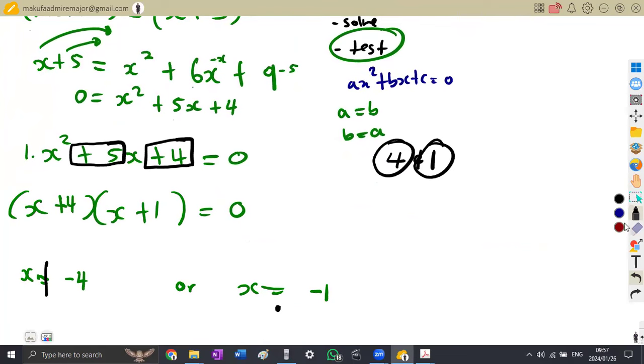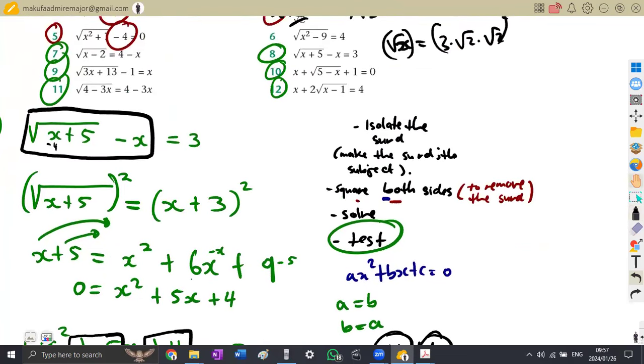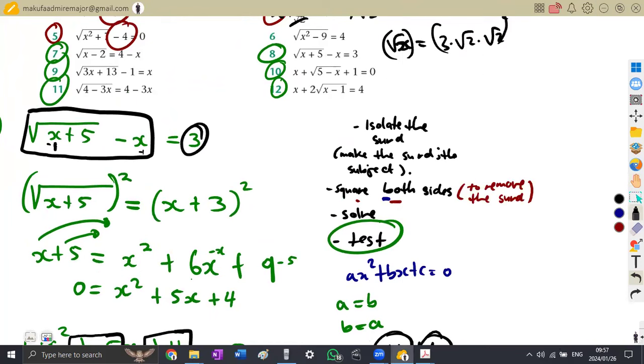All right, let's move on to -1. If our x is -1, meaning to say in place of x, we're going to put -1. So this is a -1. In place of x here, we are going to have a -1. So this gives us a 3, which is the one that we are having here.